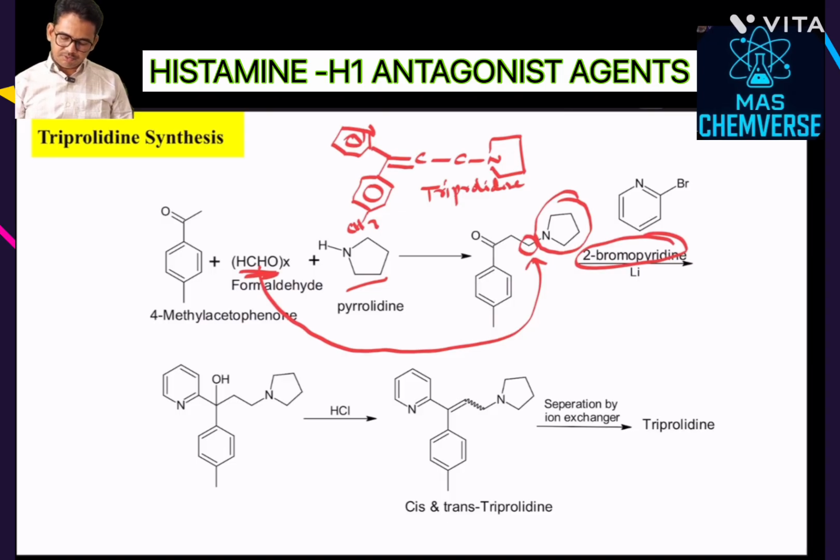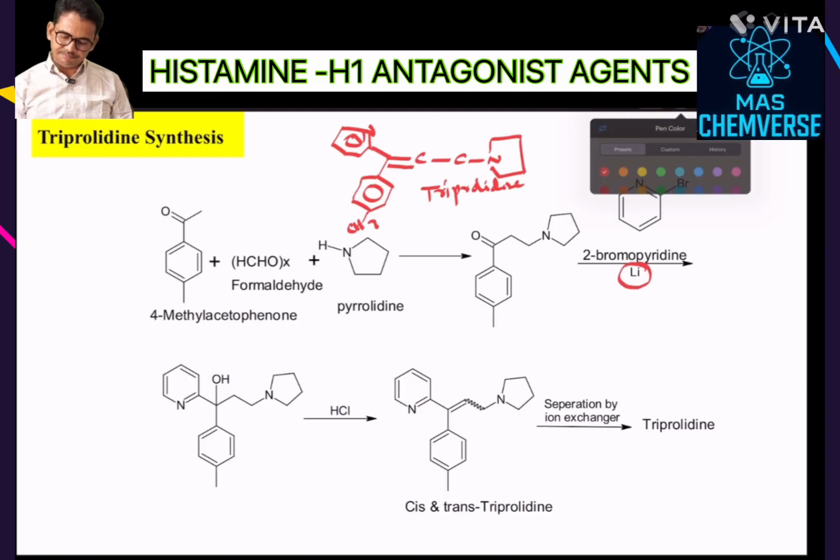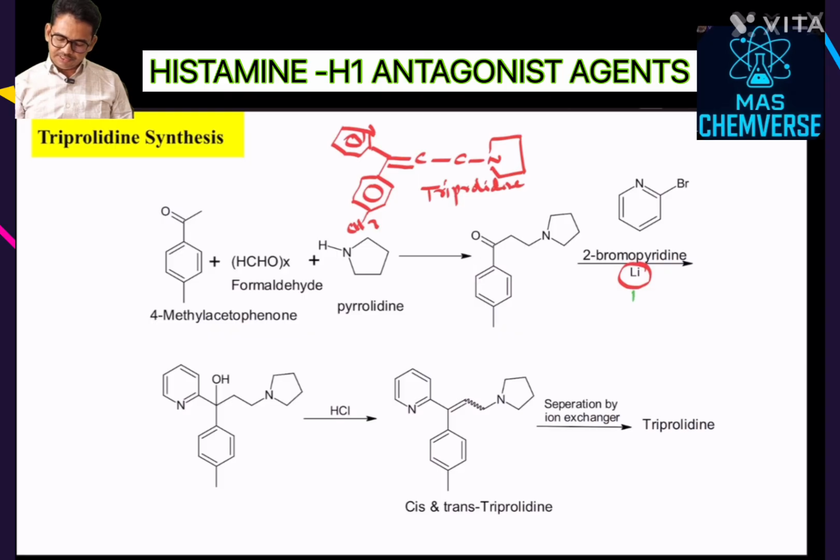Okay, bromopyridine, where it will be attached? Just see here in this case. Here we are using the lithium. With the lithium, it undergoes the reduction.